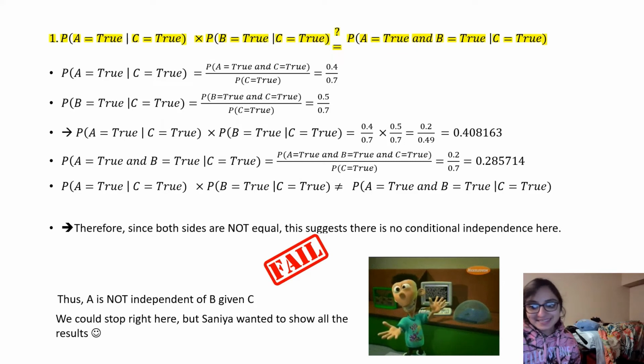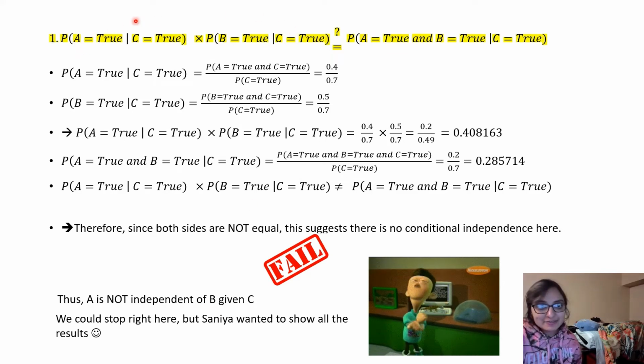For this first test, we're going to see if the probability that A is true given that C is true, multiplied by the probability B is true given that C is true, is equal or not to the probability A is true and B is true given that C is true.